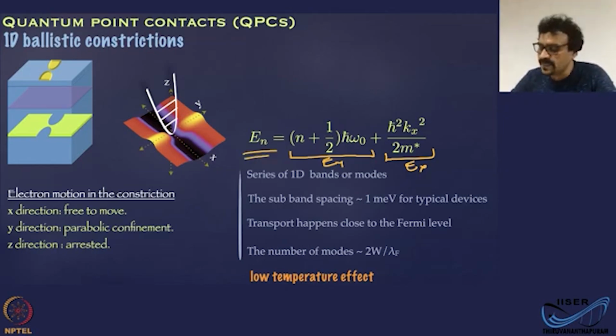Okay. Now, what you have is a series of one-dimensional subbands or modes in the channel, roughly spaced in energy approximately 1 milli electron volt apart, but these all depend on various parameters.